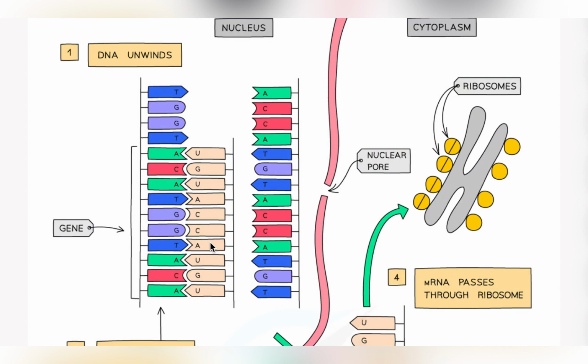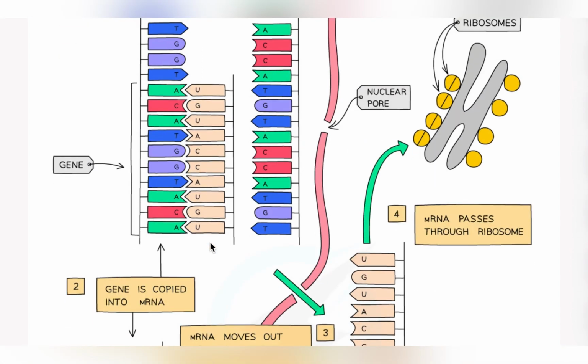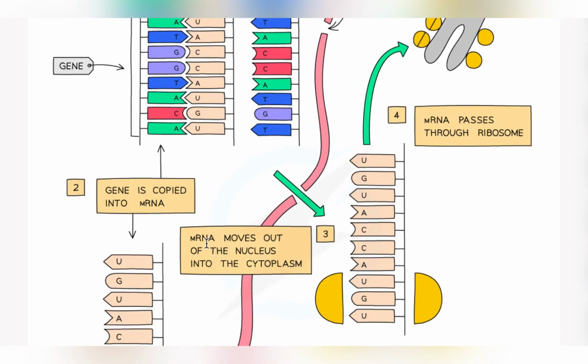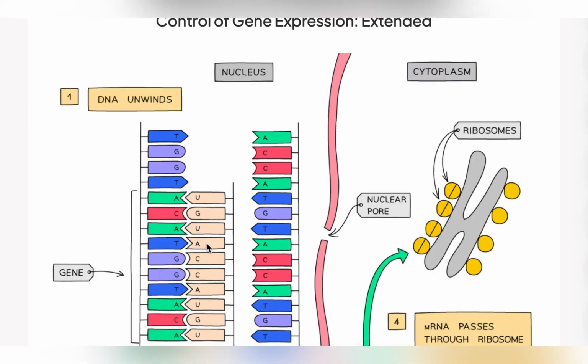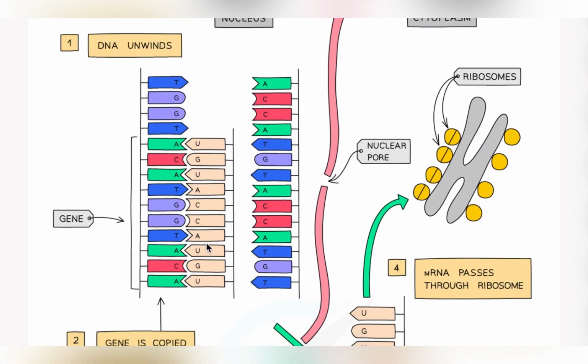The base code of the DNA generates mRNA that can leave the nucleus through the pore of the nucleus to go to the ribosome, where there will be complementary base pairing between the base code of one unit and the base code of another unit, carried by tRNA. Three pairs of these will form what we call an amino acid, and the amino acids form the units of protein. Okay, we've talked about this.